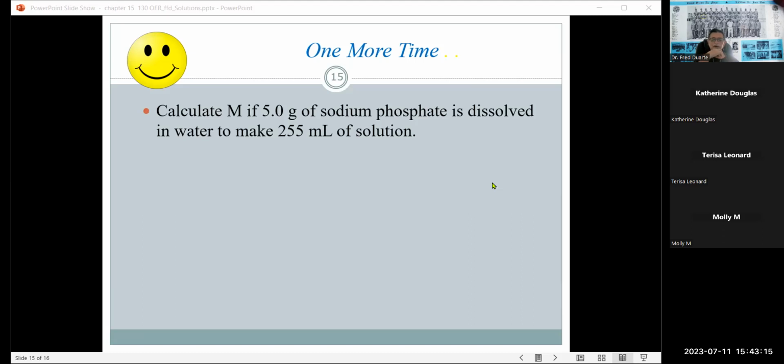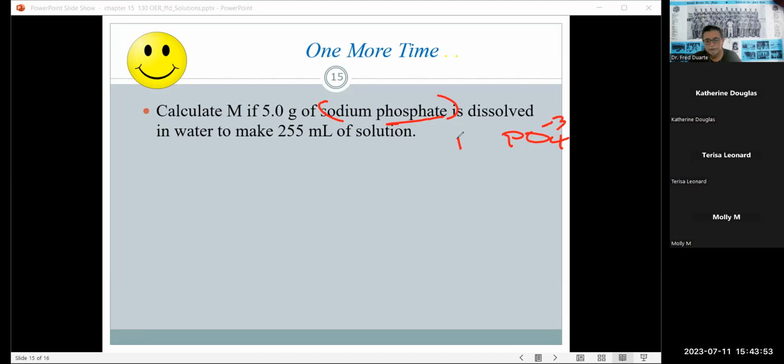First, it says calculate the molarity if 5.0 grams of sodium phosphate is dissolved in water to make a 255 milliliter solution, okay? So first things first, we need a formula. Sodium phosphate. Now we've got phosphate. Hopefully by now you know that I can go to the polyatomic ion table and see that that is the structure for sodium phosphate, as a -3.